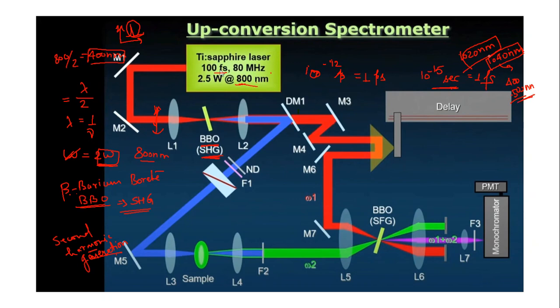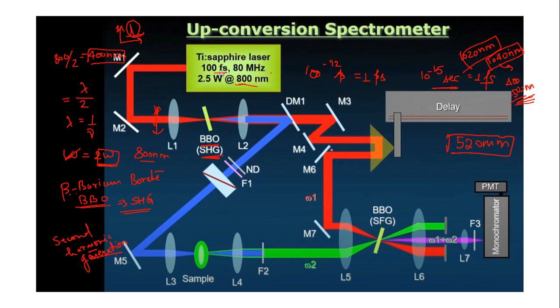What you need to do is just keep an SHG material in the way, and the wavelength will be reduced to half. So from 1040, you will get a wavelength of exactly 520 nanometer.